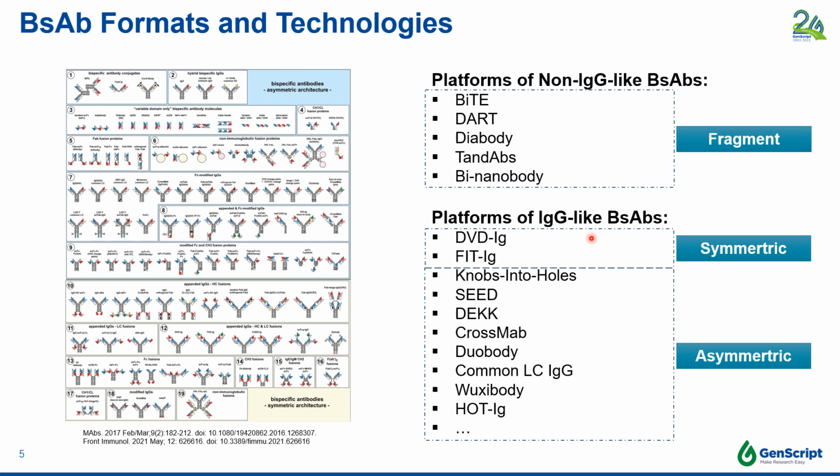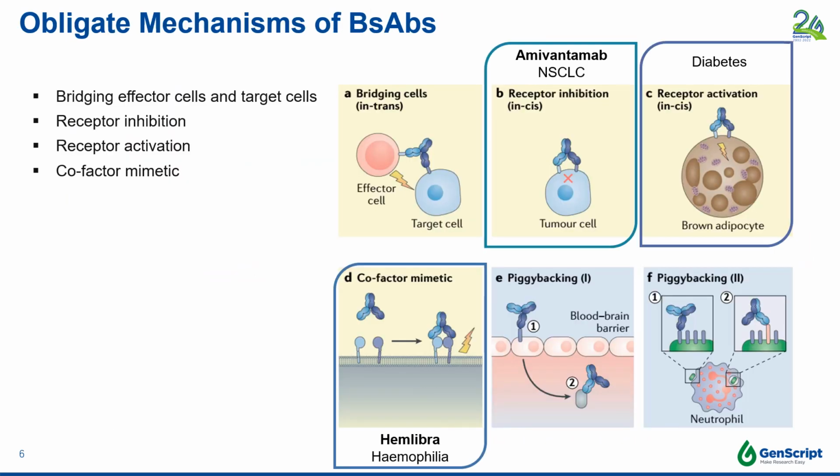And there are different BsAb platforms with unique technologies, like knob-in-hole, cross-mab, which are well-known designs to avoid heavy chain mispairing and light chain mispairing in asymmetric BsAbs. We'll give more details in part 2.